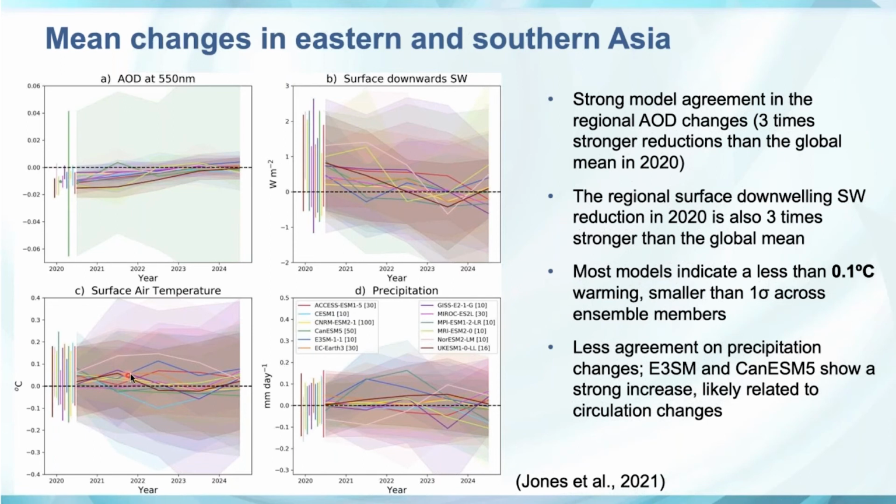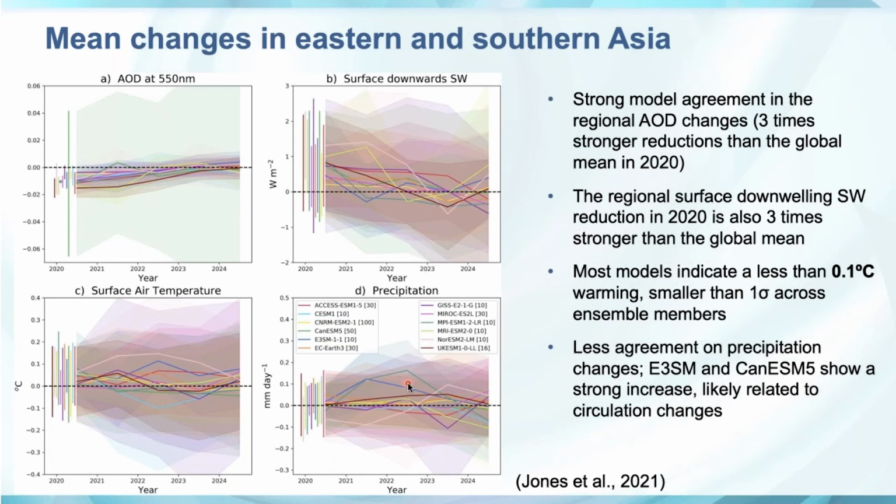But the magnitude is actually smaller than 1 standard deviation across all the ensemble members for each individual model. For precipitation, there is even less agreement on the changes. But I want to mention that our E3SM model and the Canadian Earth system model do show a strong increase in precipitation over Asia.